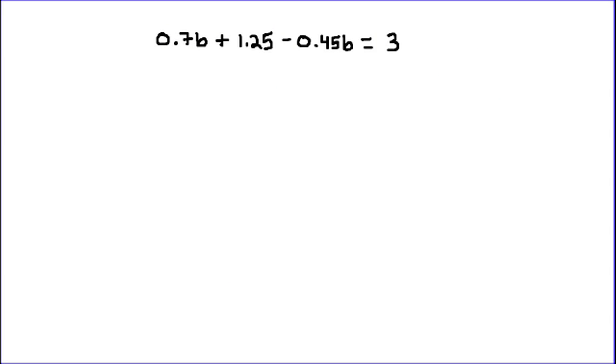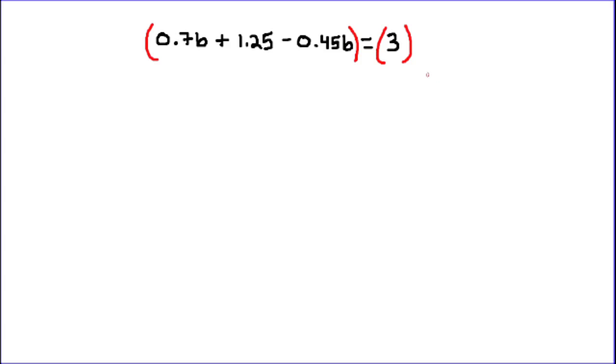In this example, it's the same sort of technique, except this time we're going to work with decimals. So I have 0.7b plus 1.25 minus 0.45b equals 3. Here, I'm going to multiply everything on the left as well as everything on the right by the same number.